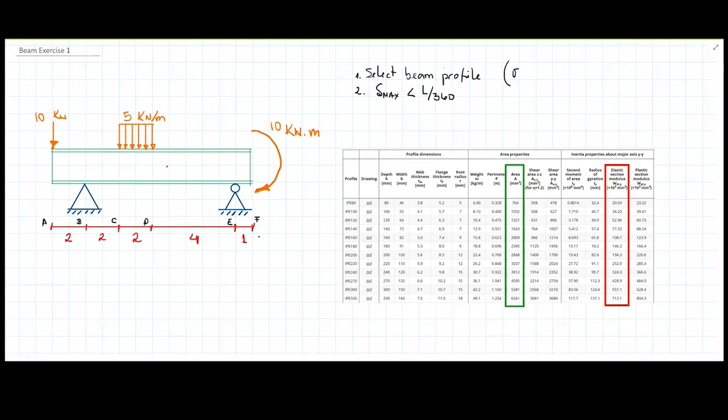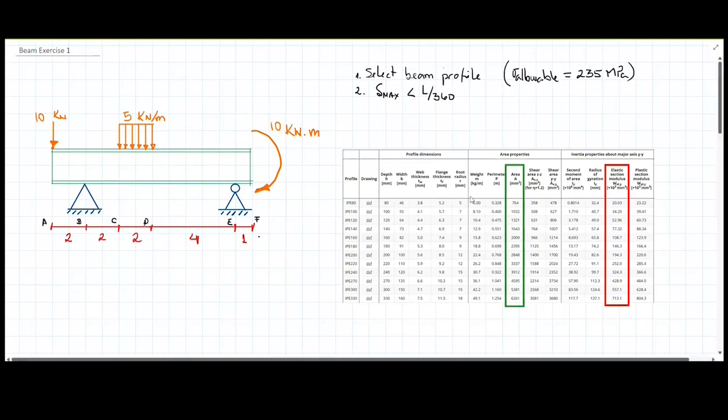The admissible or allowable stress for this IPE steel we're applying in this table is about 235 megapascals, right?